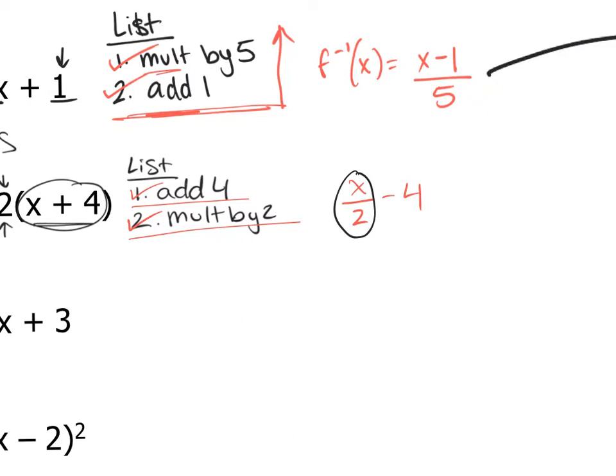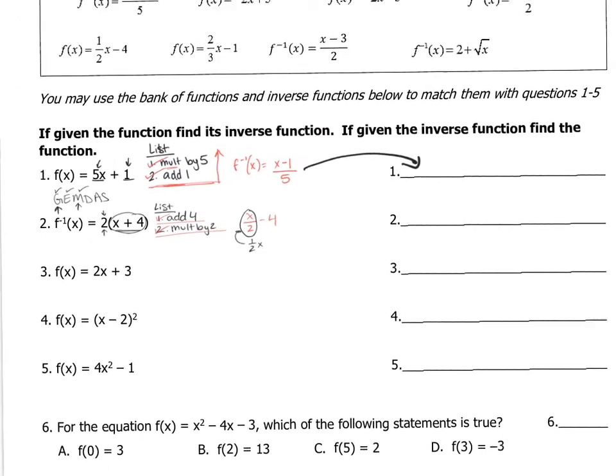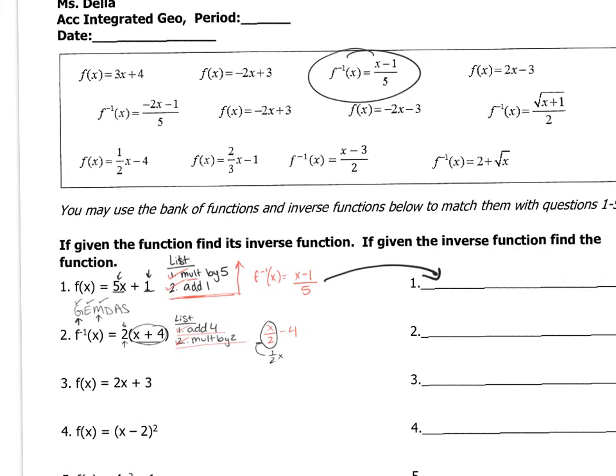Divided by 2 is the same as half. So if you were to write 1/2 x, I claim that that's the same as that. So let's look at the top, see if we have those options for our answer. And 1/2 x minus 4 is in fact right there, so that would be the answer to number 2.